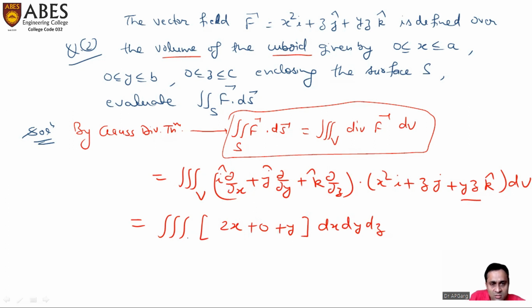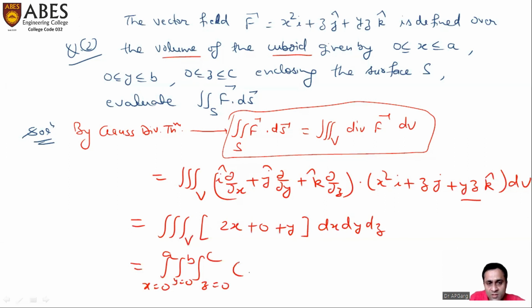Correct. Over V. So let us solve this problem with the given limits. The limits are: x varies from 0 to a, y varies from 0 to b, and z varies from 0 to c, and the function is 2x plus y.